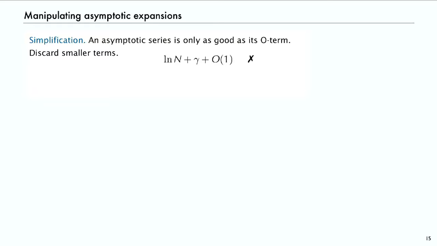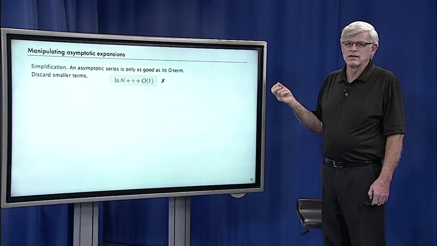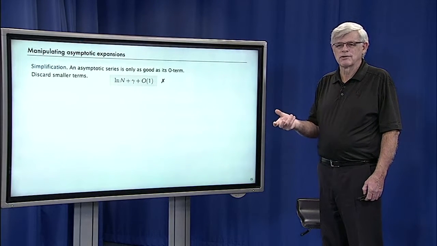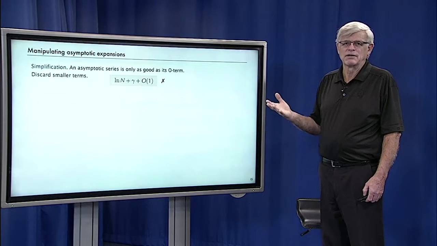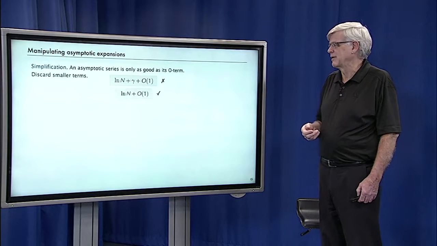So let's take a look at the various techniques. The first thing is that an asymptotic series is only as good as its big O term. That means there's no point in carrying around smaller terms. If you have something that's encompassed by the big O, just drop it. It's only going to make the calculation more complicated, and it's not helpful in any way.